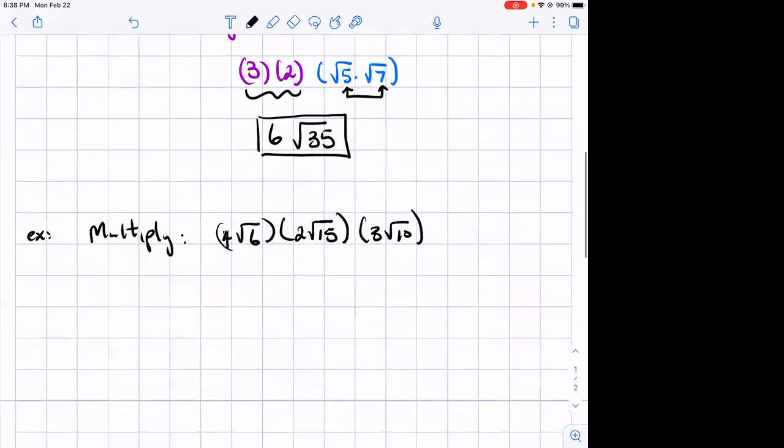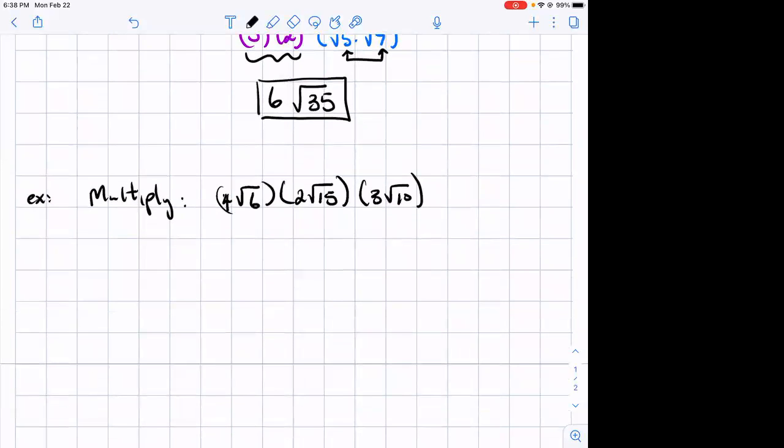The whole idea is the same. We can regroup and multiply 4 times 2 times 3. So 4 times 2 is 8, and 8 times 3 is 24.